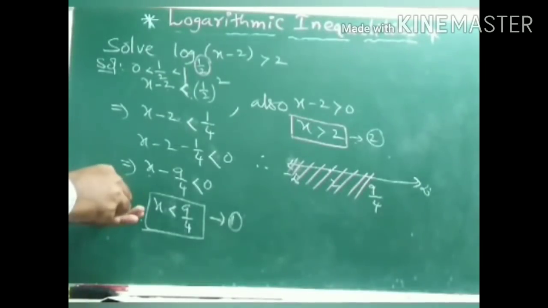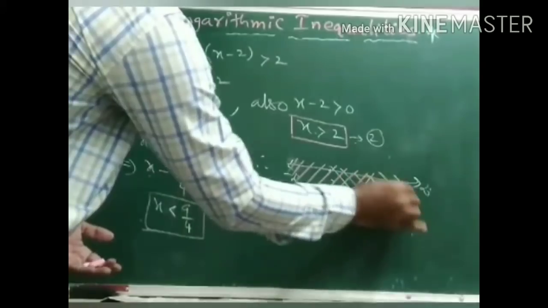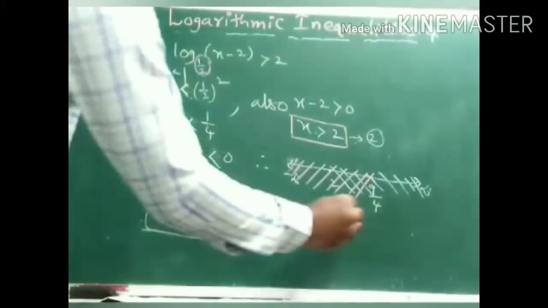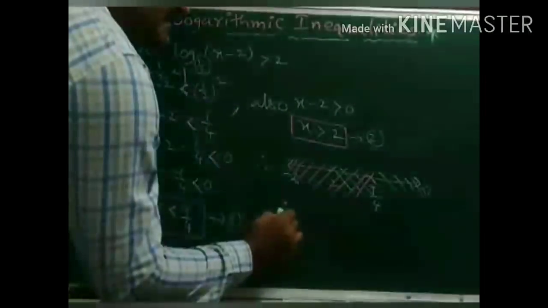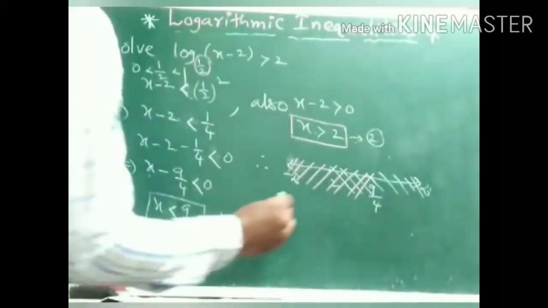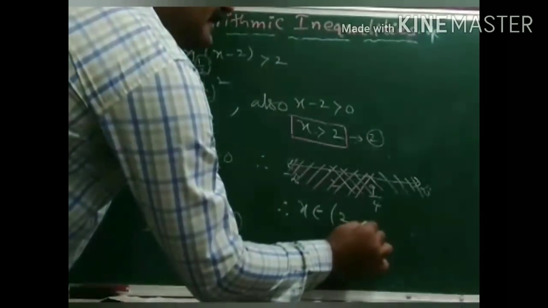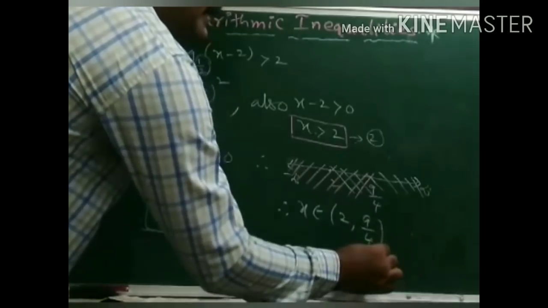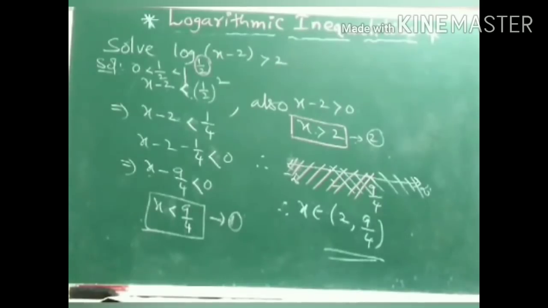Now we need to look at even greater than 2. So this is the region which is greater than 2. So clearly this is the intersection part. Hence the intersection of case 1 and 2 is x belongs to the open interval 2 comma 9 by 4. So the final solution is x belongs to the open interval 2 comma 9 by 4.